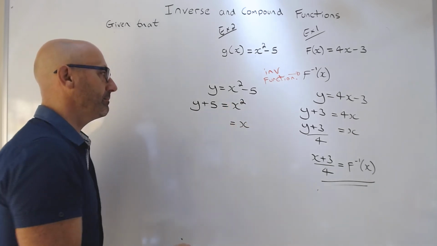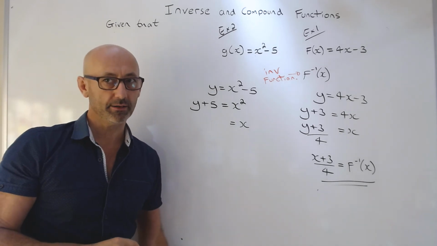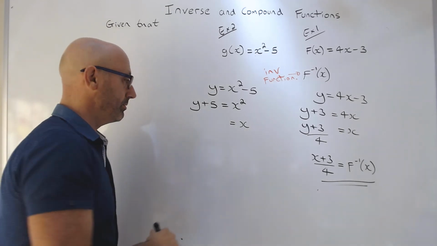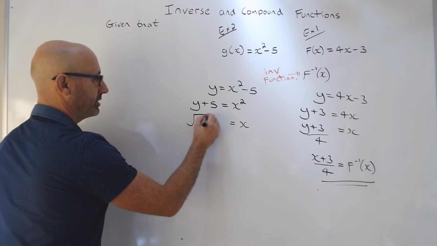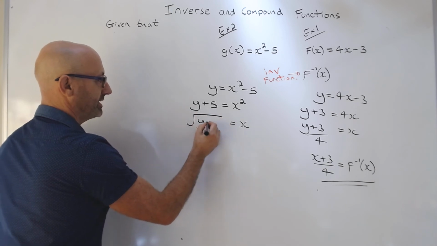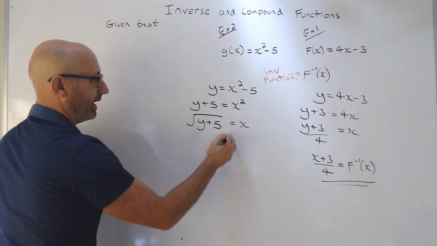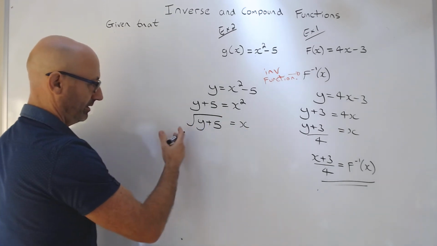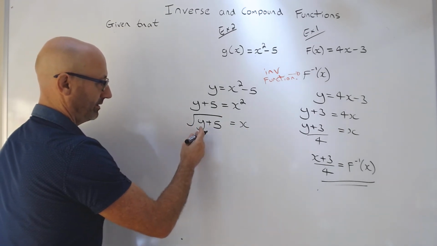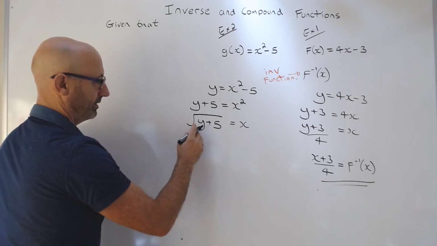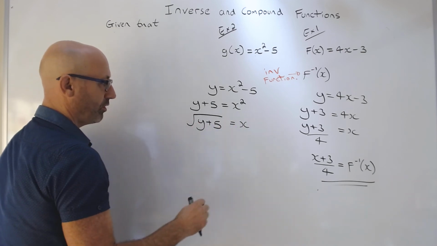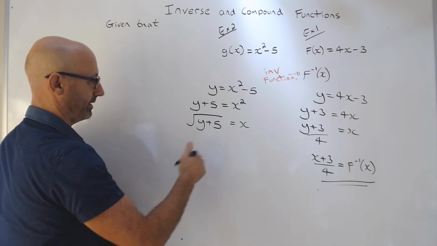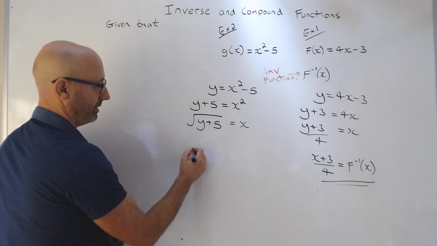Then, what's the opposite of squared, Nina? Square rooted. Square root, which is why you square root the other side, like that. And then what do you do? You change y to g. Well, you swap them. You swap x and y, okay?